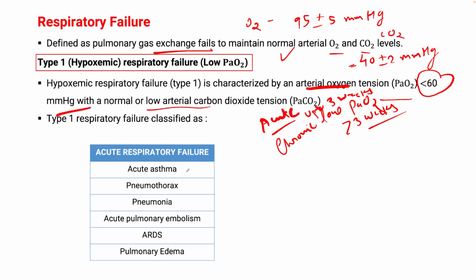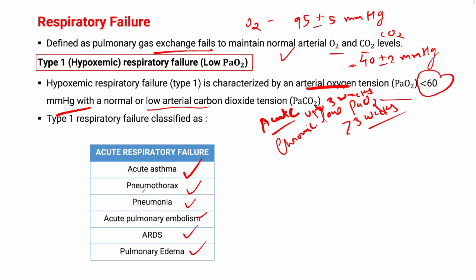If you find any patient, it can be acute asthma, pneumothorax, the condition in which air leaks into the space between the lungs and the chest wall, then pneumonia, acute pulmonary embolism, that is the blockage of the lung artery, ARDS, that is acute respiratory distress syndrome, and pulmonary edema, where there is a collection of excessive fluid in the lungs.